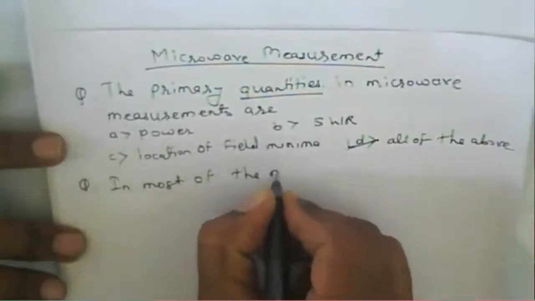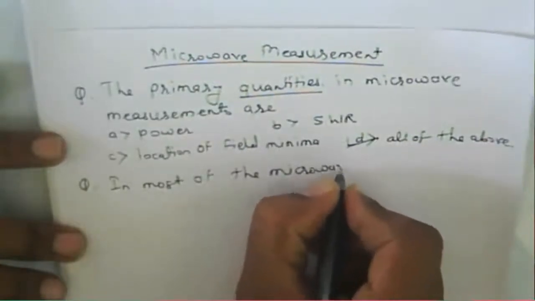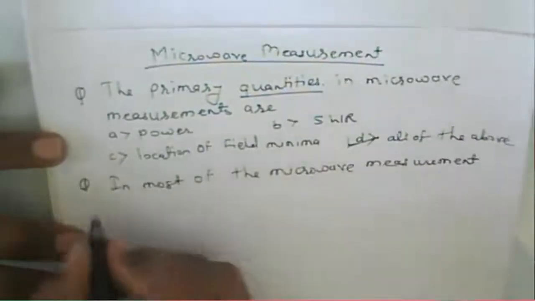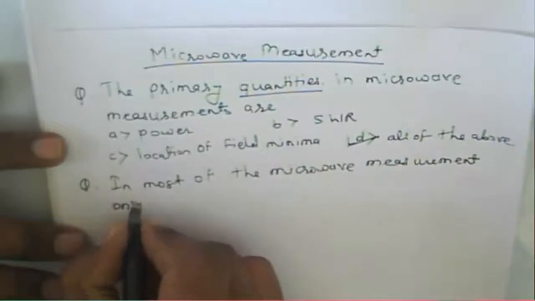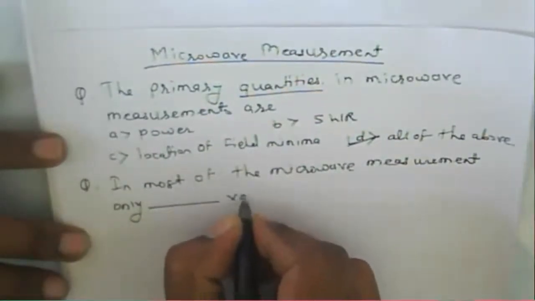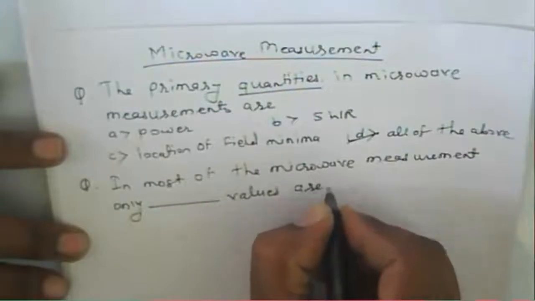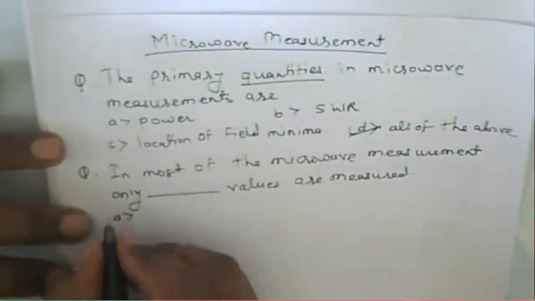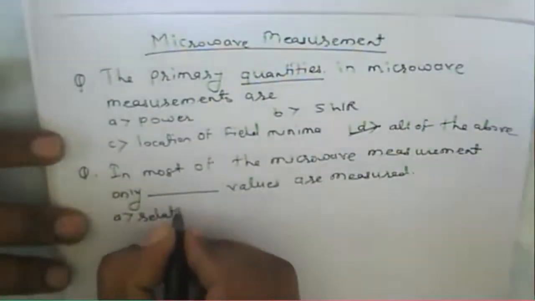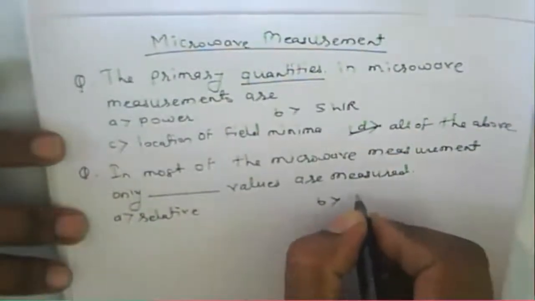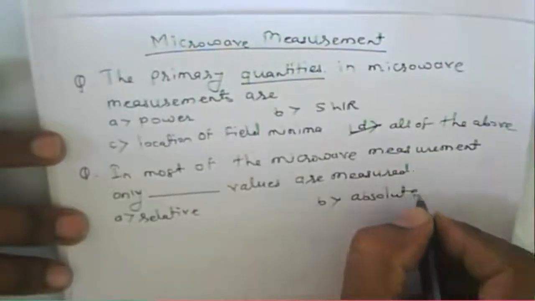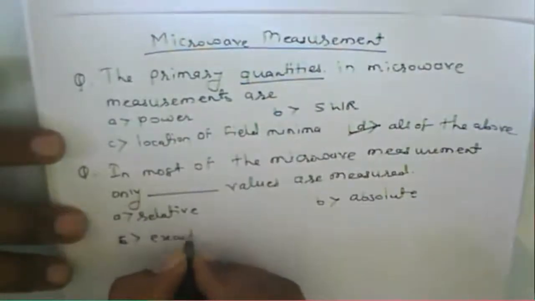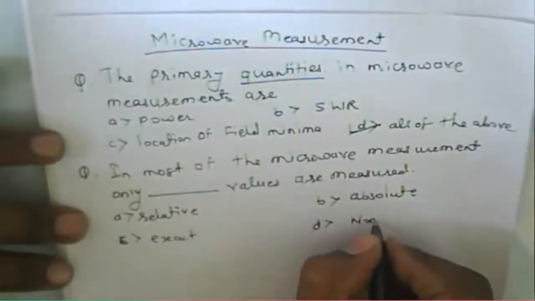In most of the micro measurement, only dash dash values are measured. A, relative; B, absolute; C, exact; and D, none of the above.